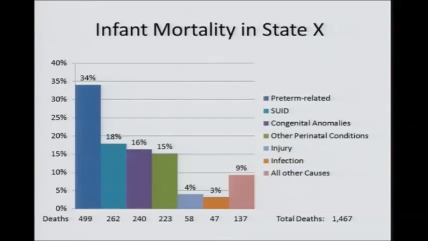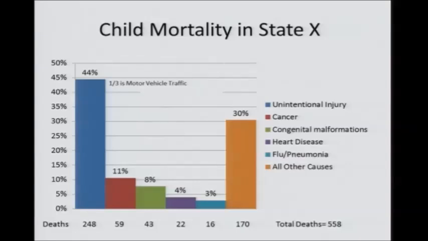For infant mortality, we have a total of 1,467 deaths, and the leading causes are preterm related, suicide and congenital anomalies. And this is an example of proportionate mortality. These 499 are 34% of the total deaths. For child mortality, we have 558 total deaths, and 44% is attributed to unintentional injury.